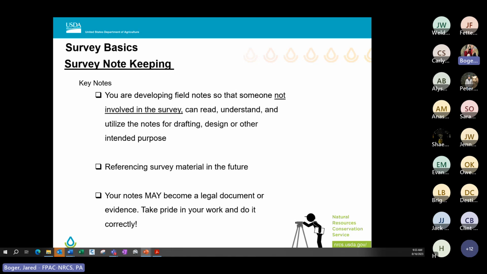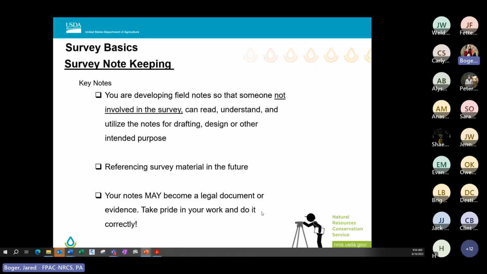For example, if you're doing a rebuild of a terrace that was built back in 1970, and survey notes were taken on it, it would be nice to reference that material to get a better understanding of what was designed, and hopefully, if it was designed correctly, use those notes to rebuild that terrace.